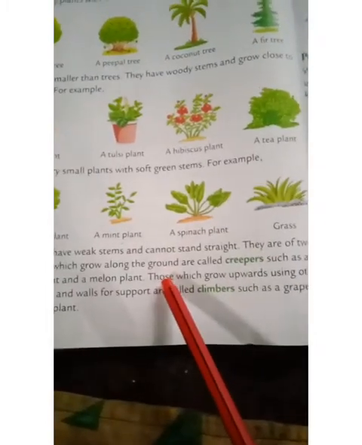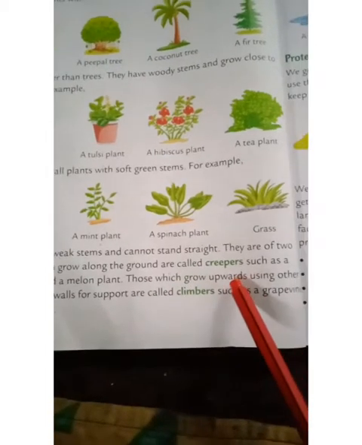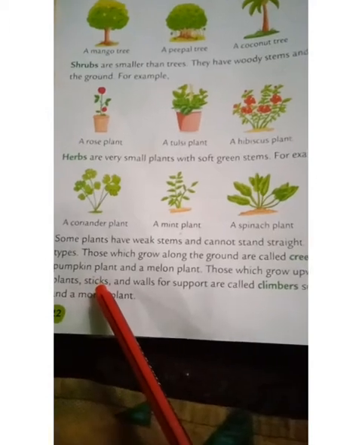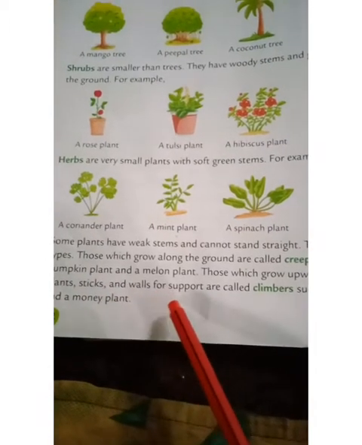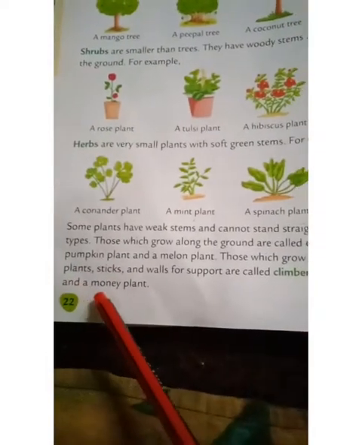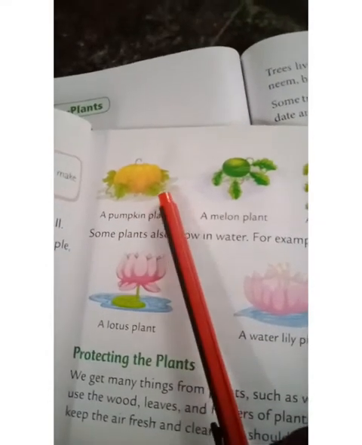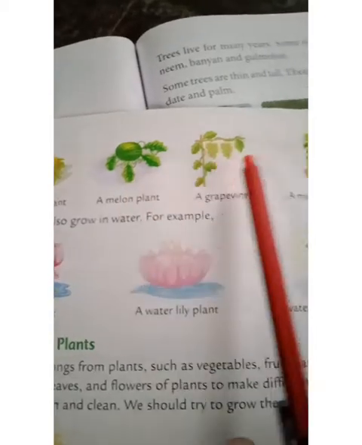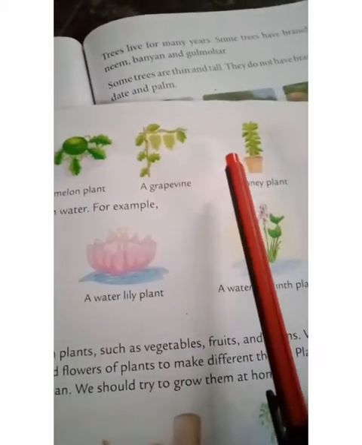Those which grow upwards using other plants, sticks and walls for support are called climbers, such as a grapevine and a money plant.